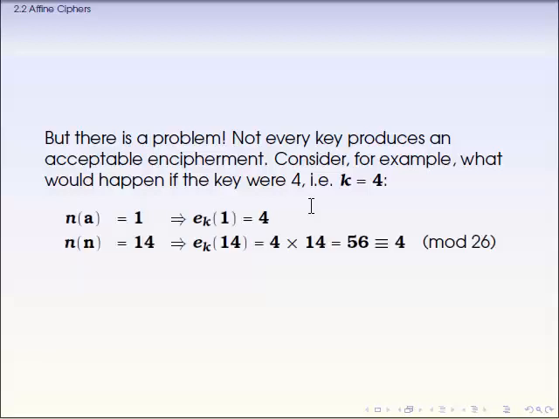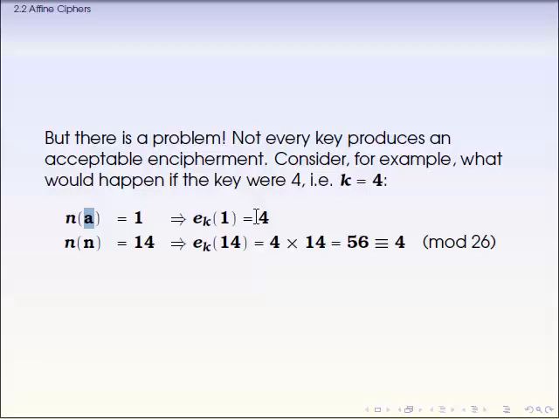Anyway, one counterexample for such a case is if K is 4. Then the letter A, the number for A is 1 or 0, well, it depends on how you define it, and multiplied by 4, it changes to 4.